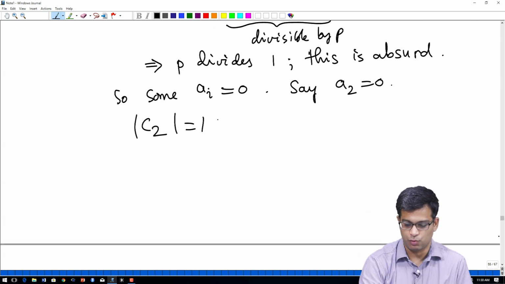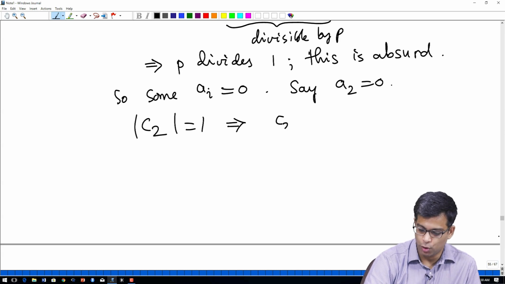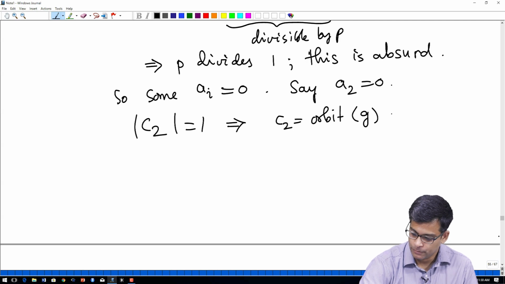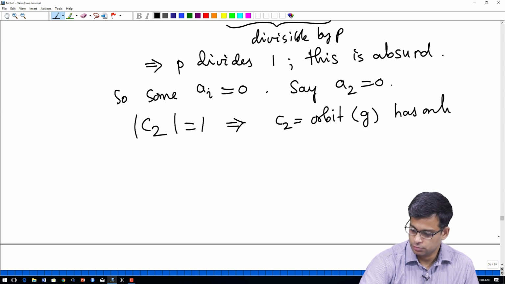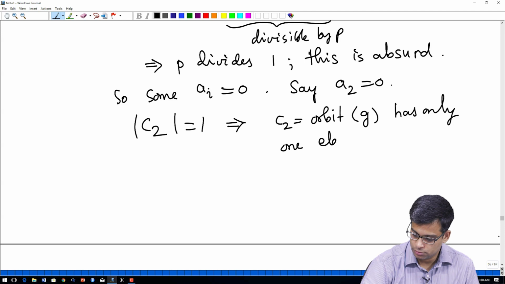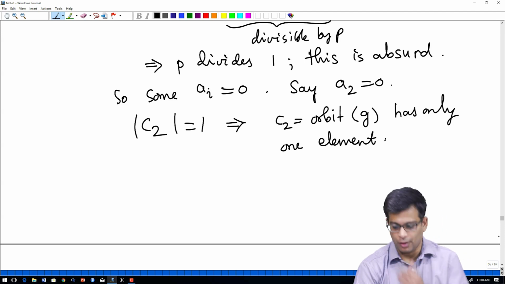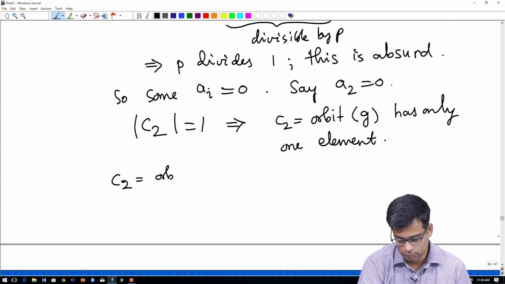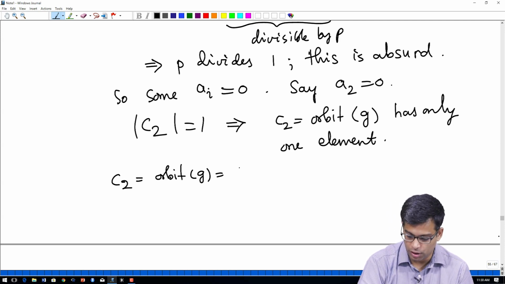So, the order of C2 is 1. This implies C2, which is the conjugacy class or orbit of some element g, has only one element. But what is the orbit of g? It is all elements like this.